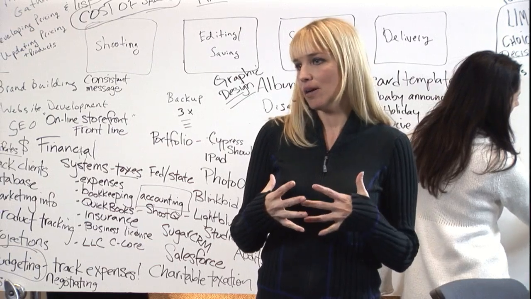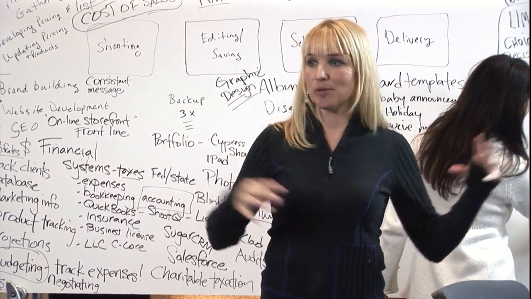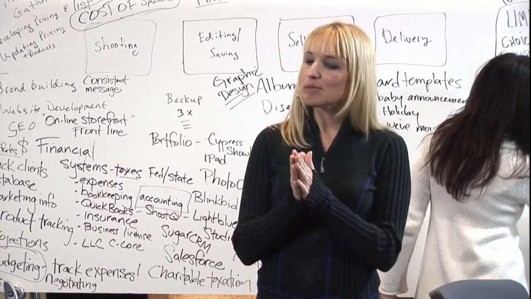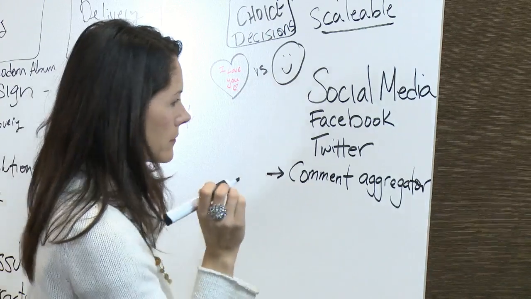You don't have that anymore. You've got yay, yay, yay, yay, yay, as opposed to yay, you know? And so I think some sort of comment aggregator system, those are what's coming in.